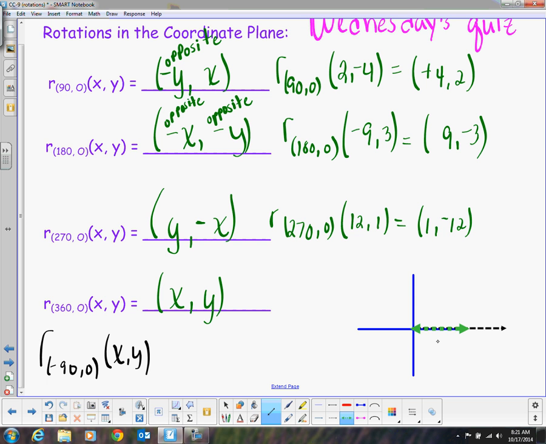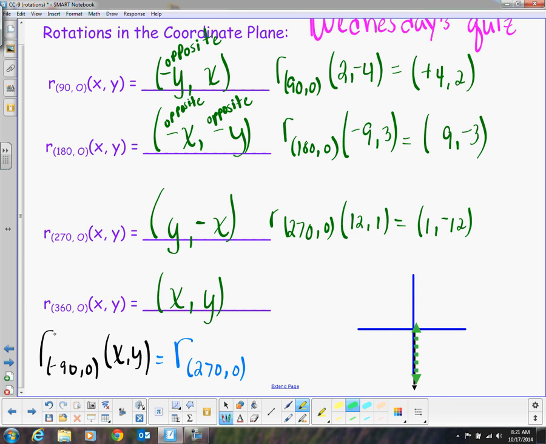If I go a negative 90, do you agree I'm here? Okay. So what kind of positive rotation do I have to get down to there? 270. So this is another thing you have to know. If you want to rotate a negative 90, it's the same thing as a positive 270 rotation.